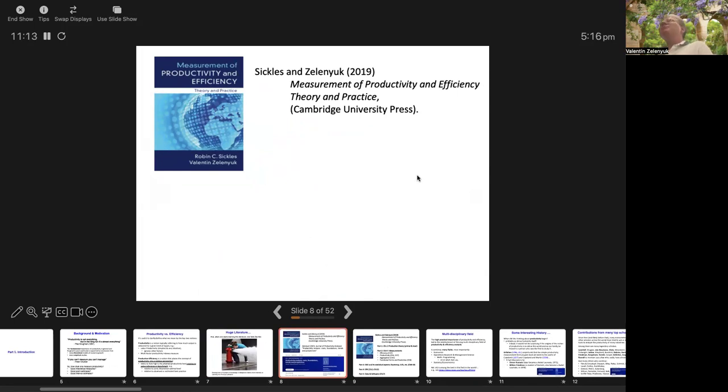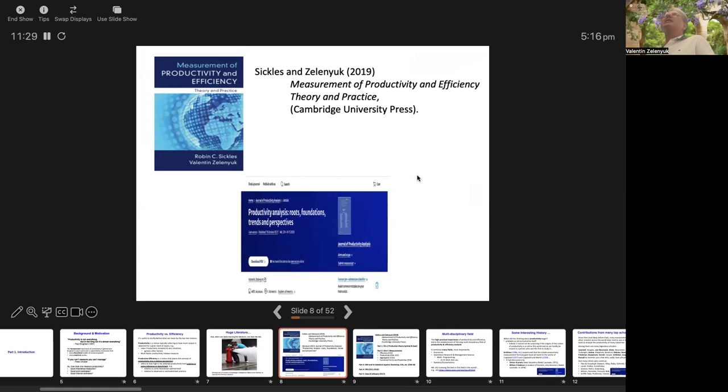In some detail, but of course not all the details, with a lot of references that we give where further details can be found. So I recommend it, but you don't need to buy it. You can just download it from libraries. Most libraries have it. UQ library certainly has it.